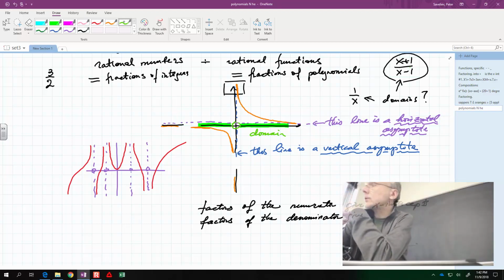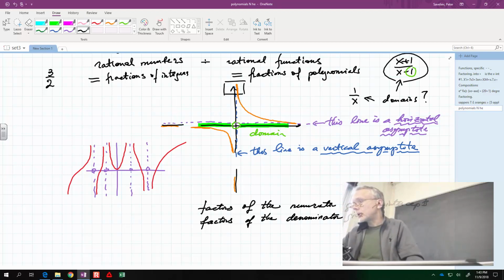In fact, what's the importance of x equal 1 for that function? If I plug in x equal 1, what do I get? Undefined.